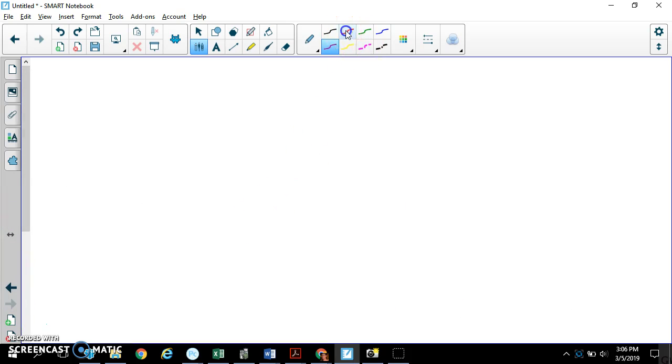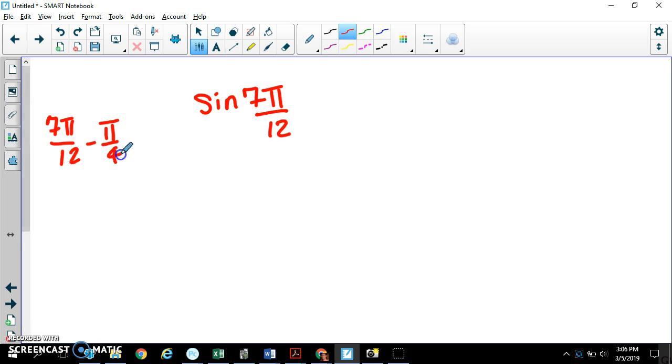Then we've got sine of 7 pi over 12. Same exact idea as the last one: I take 7 pi over 12 and I subtract pi over 4. So times 3 times 3. That's going to get me 4 pi over 12, which reduces to pi over 3.